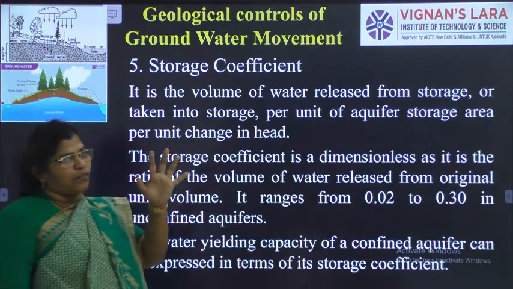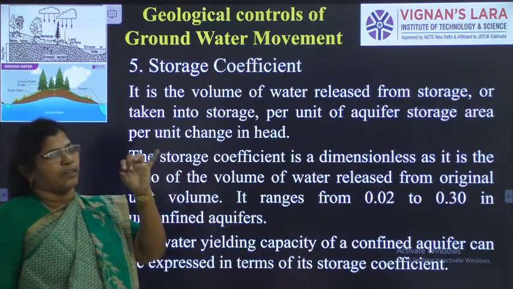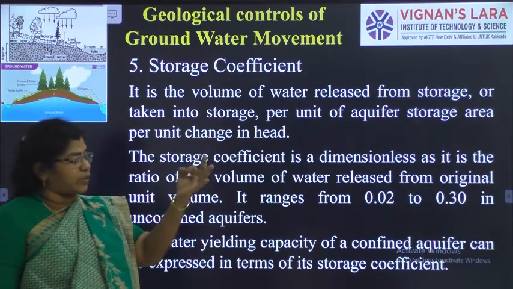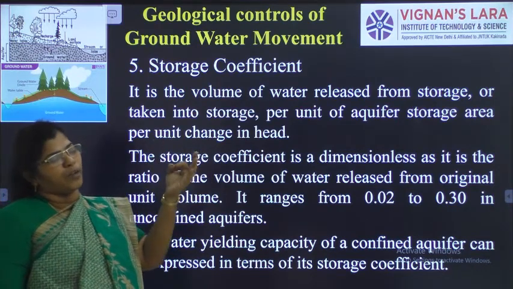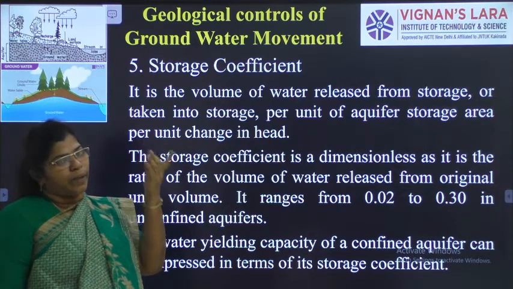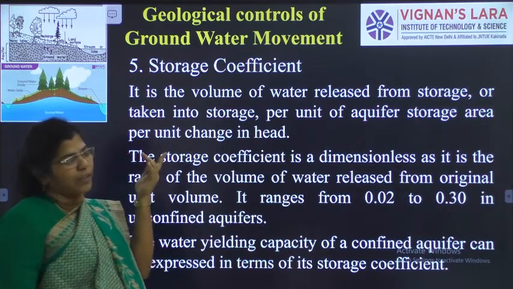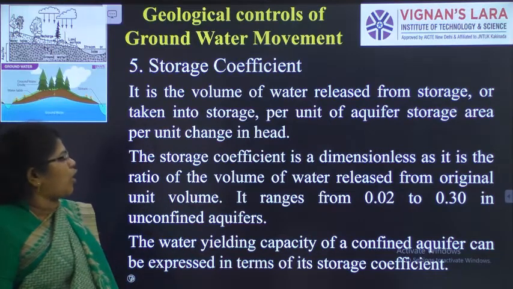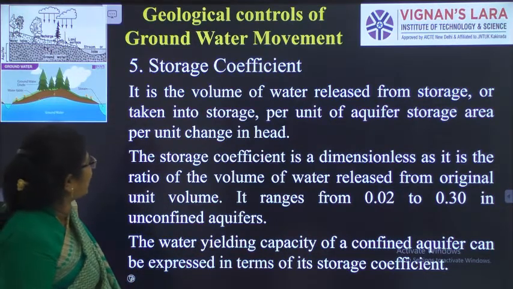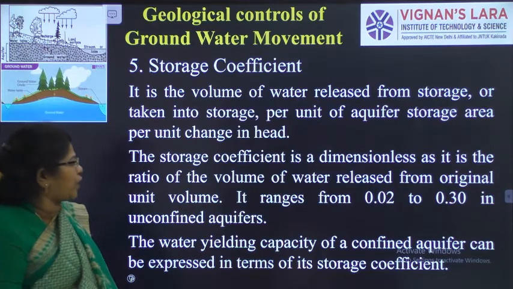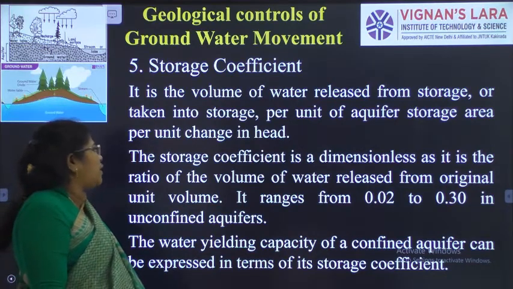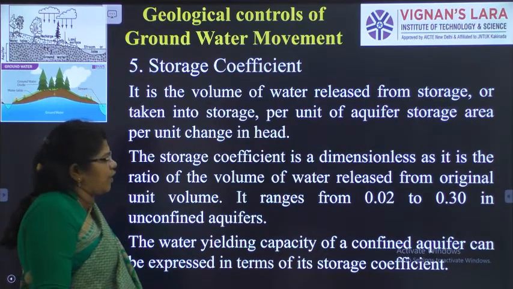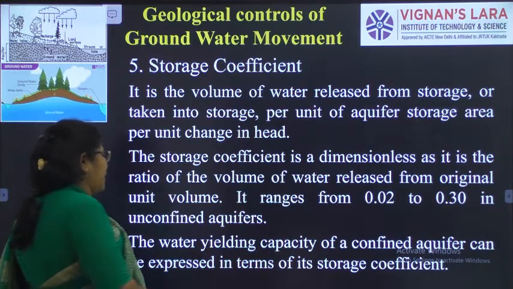So we saw four points. One is the porosity, saturated and unsaturated zone. Third one we saw about the permeability. Then we saw about the aquifers. Next we are going to see about the storage coefficient. The volume of water released from or taken into storage per unit of aquifer storage area per unit change in head, this we call the storage coefficient.